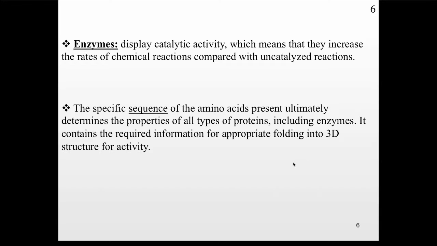One of the most important functions of proteins is catalysis, and the catalytic effectiveness of a given enzyme depends on its amino acids. And so the specific sequence of amino acids ultimately determines the properties of all types of proteins, including enzymes, and it contains the required information for appropriate folding of the protein into its 3-dimensional structure for activity.